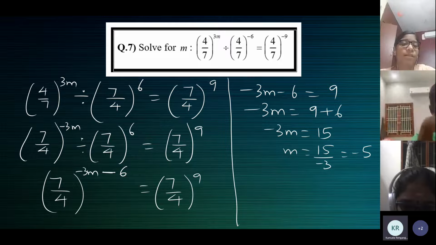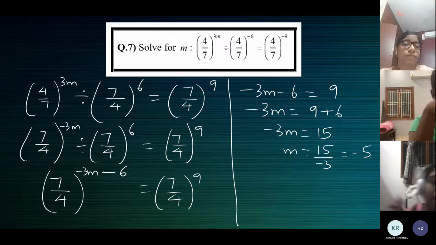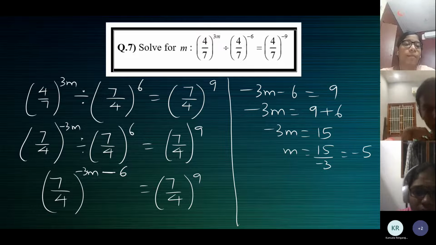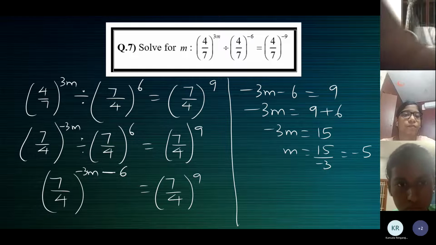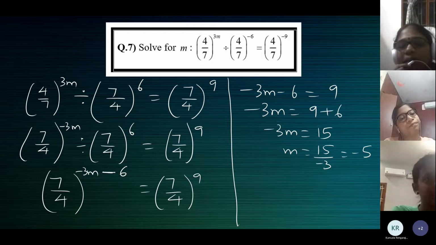Ma'am, how did plus 6 changed into minus 6, ma'am? Oh, did I make a mistake? Where? Ma'am, like at the third step, 7 by 4. You didn't make a mistake, ma'am. You transpose the minus 6 to right hand side, so it becomes this.